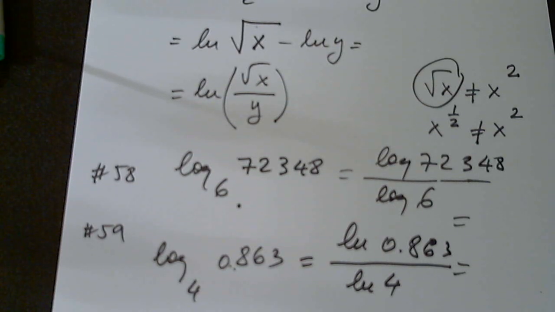So common log of 72,348, close, divide by. This is not log of a ratio. This is log of a number divided by log of another number. Good. This is it.